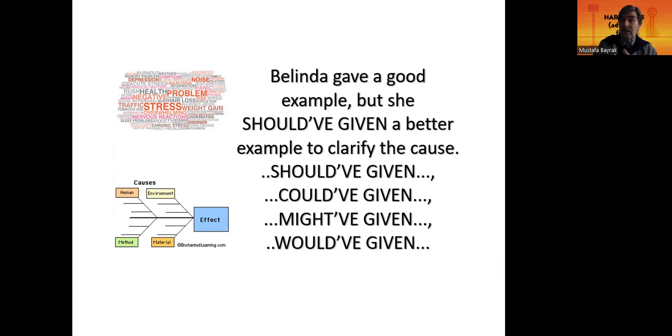Belinda gave a good example, but she should have given a better example to clarify the cause. Or she could have given a better example to clarify the cause. Or she might have given a better example to clarify the cause.